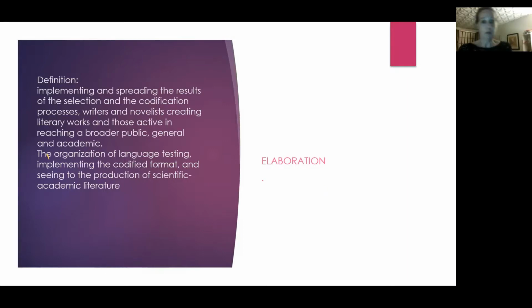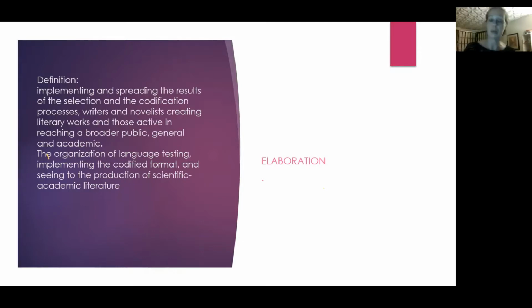So we have writers, we have novelists, they create literary works, they are active in reaching a broader public, whether this is general or academic. Another element which is very important in the elaboration of the language is the organization, the professionalization, and the language testing, so that we can implement this codified format and see to the production of a scientific academic literature.